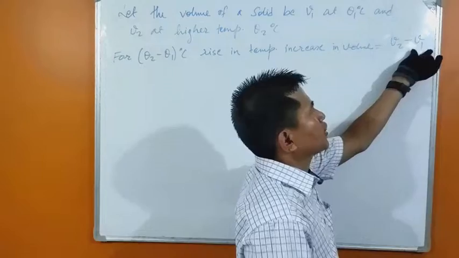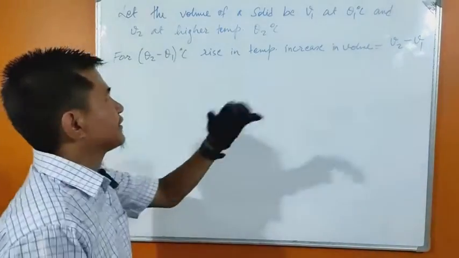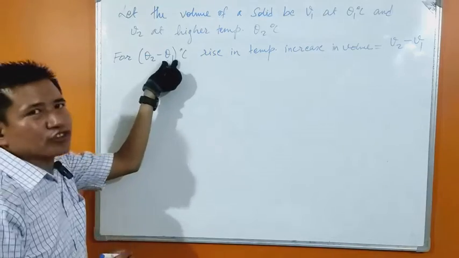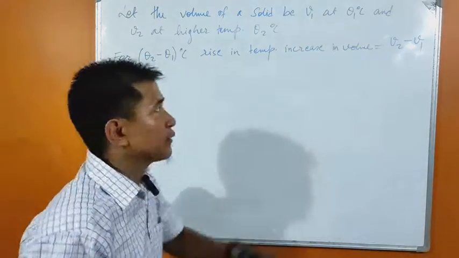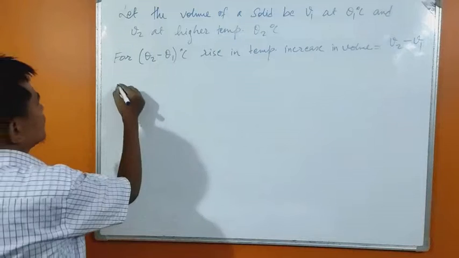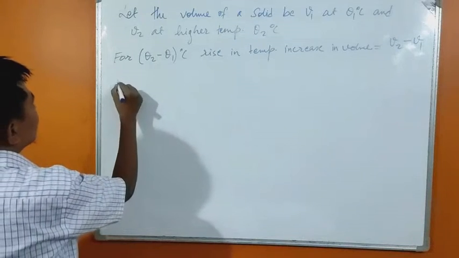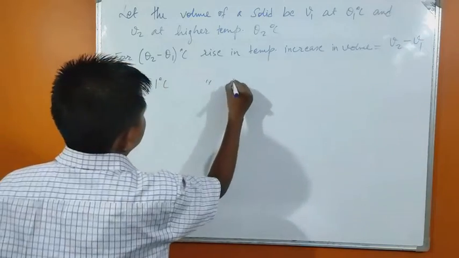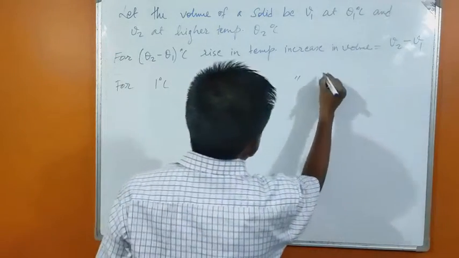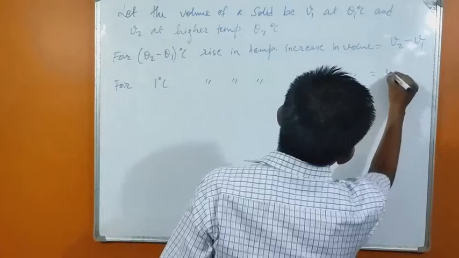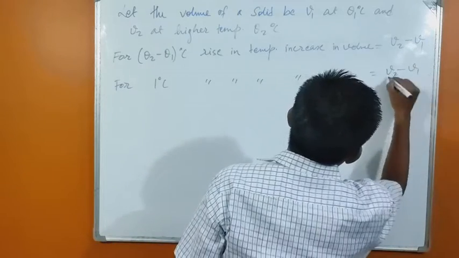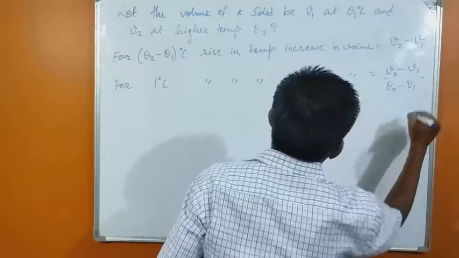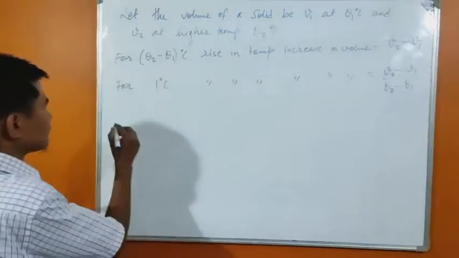New volume minus original volume will be the increase in volume. So new temperature minus original temperature will be the rise in temperature, isn't it? Unitary method now. For 1 degree Celsius rise in temperature, increase in volume will be V2 minus V1 divided by theta 2 minus theta 1, just unitary method.